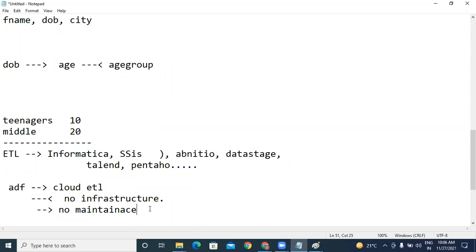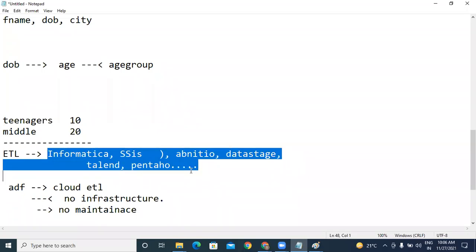Similar to that, in the case of AWS, Amazon Cloud, you have Amazon AWS Glue, with the same purpose as ADF. Got it? And also, if you take any of these ETL tools, some coding involvement will be there.